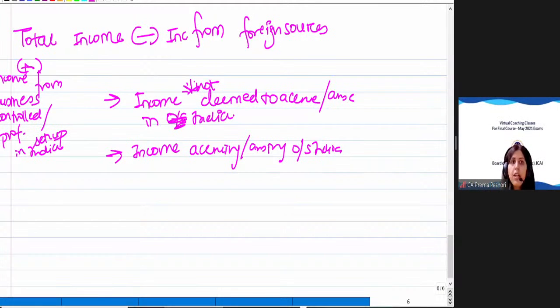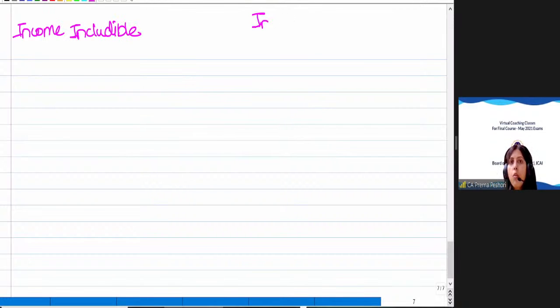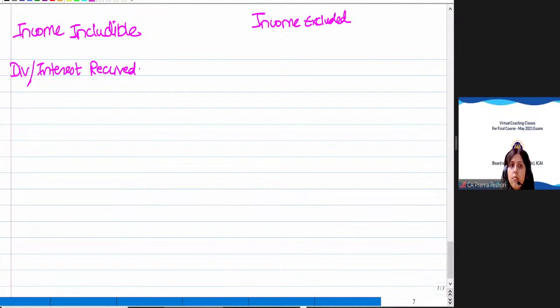So what kind of income will be considered for total income purpose and what will not be considered? Let's see. Income includable for total income and income to be excluded from total income. Clear? So what you will include is dividend or interest received in India or accruing in India on Indian shares or loan.